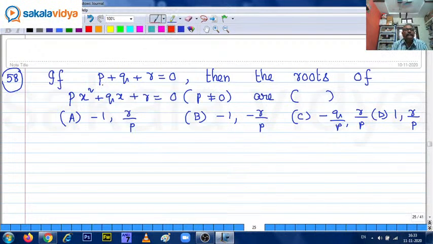See, P plus Q plus R equals 0. That means the sum of the coefficients of this quadratic equation, Px square plus Qx plus R is equal to 0, is 0.